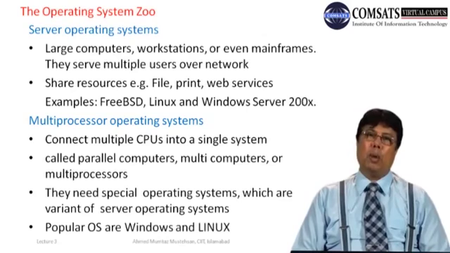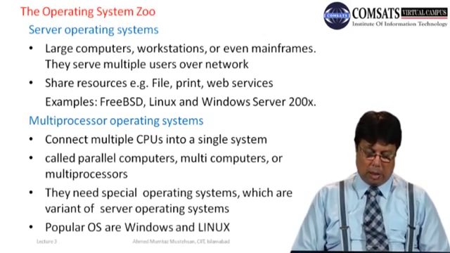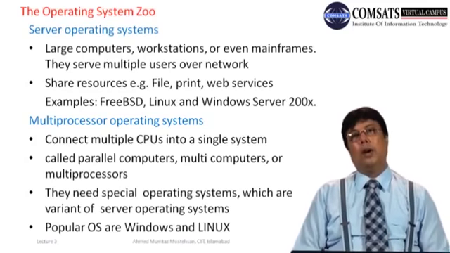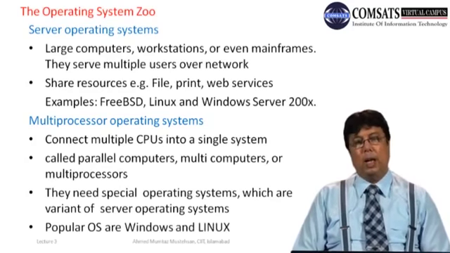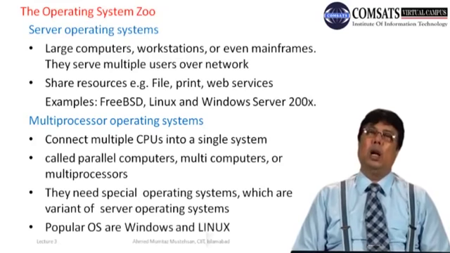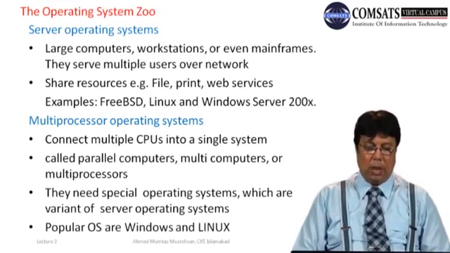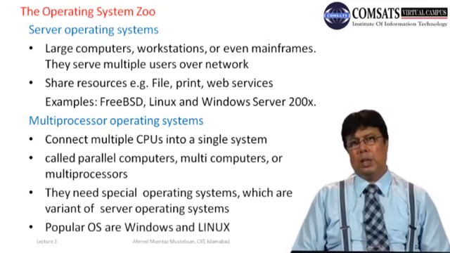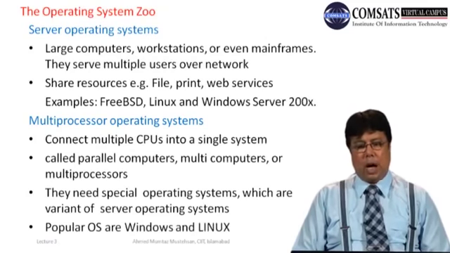Usually the modern operating systems, the modern releases of older operating systems like Windows, Unix, Linux, have the capability to handle such type of hardware or platform, and they provide all the operating system services to them. So they need a special operating system, meaning special features which are a variant of the server operating system.